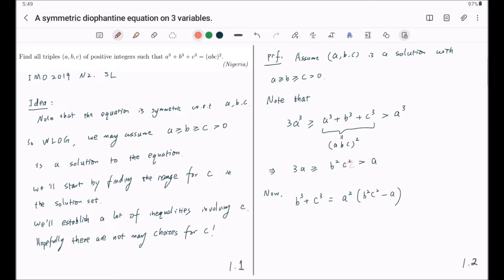Because of this relation, we know this part must be greater or equal to 1. It follows that b cubed plus c cubed will be greater or equal to a squared.